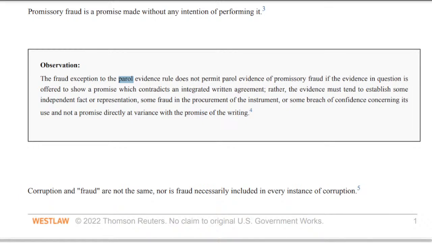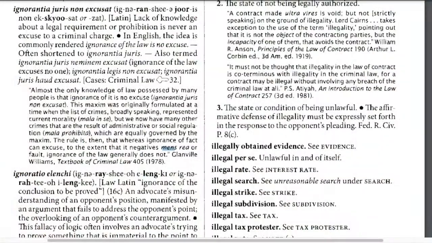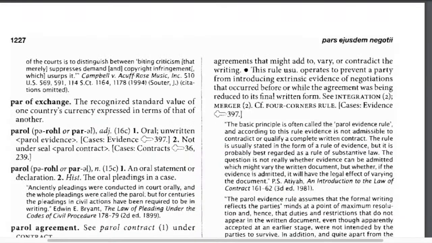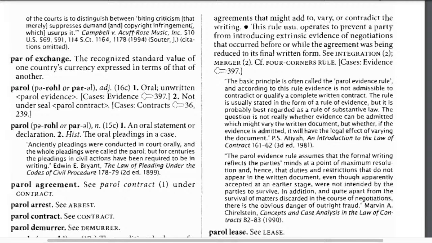Okay. All right, and we have here parole. Oral. Unwritten. Interesting, huh? Ancient pleadings were conducted in court orally, and the whole pleadings were called the parole. Okay, there it is.